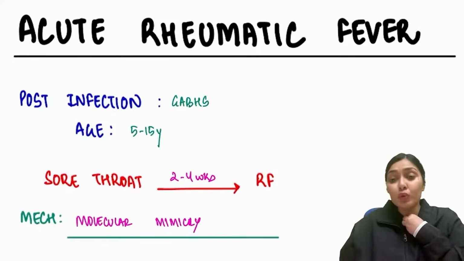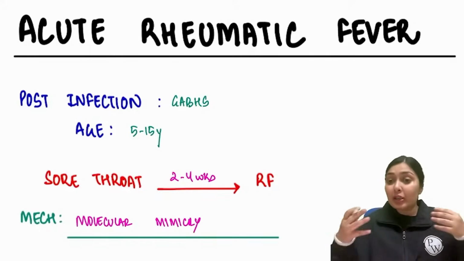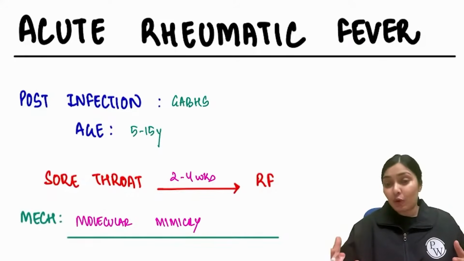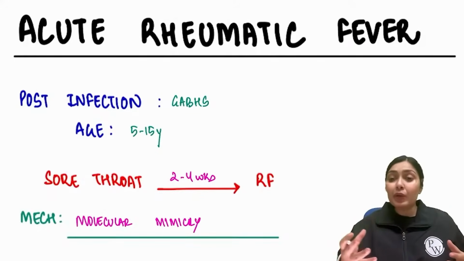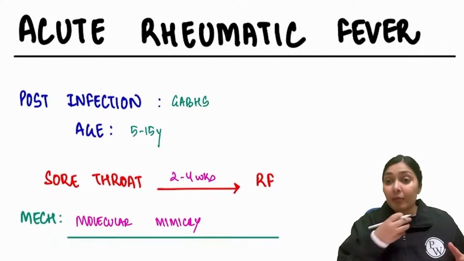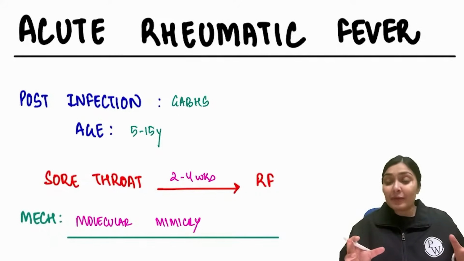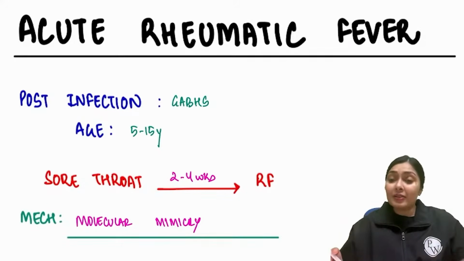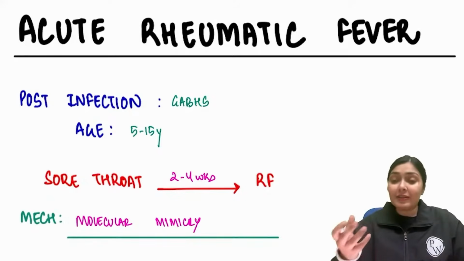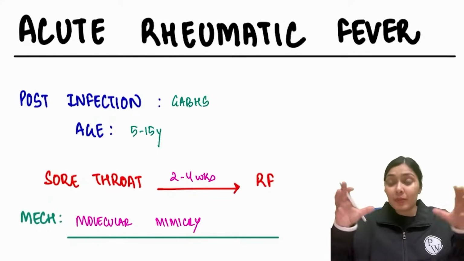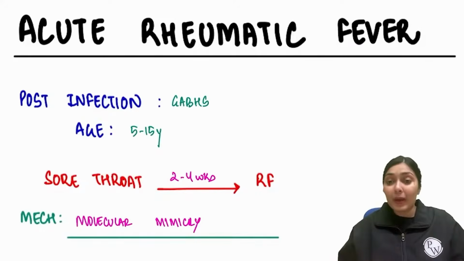So when the sore throat happened, the infection happened, the body of the child produced some antibodies. These antibodies were meant to kill that infection, but because of the molecular mimicry of some antigens of that bacteria and the cardiac antigens, my body's antibodies are going to attack my heart, right?